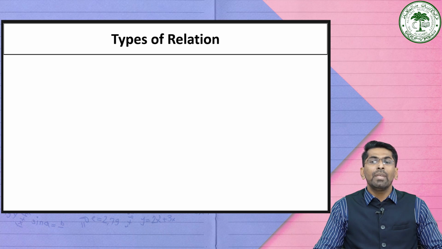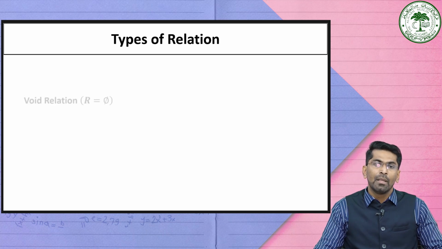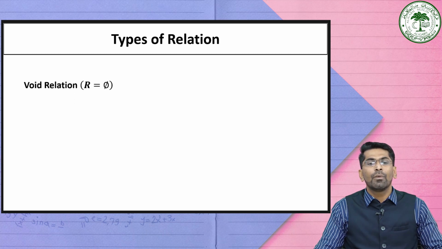Now we can discuss different types of relation. The first one is the void relation, where the relation R is equal to the empty set.